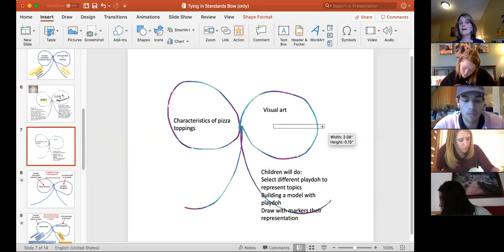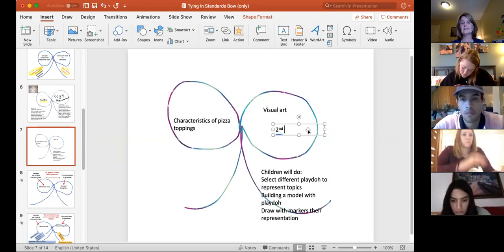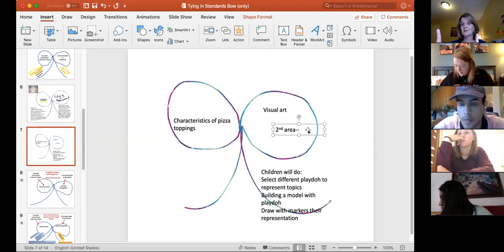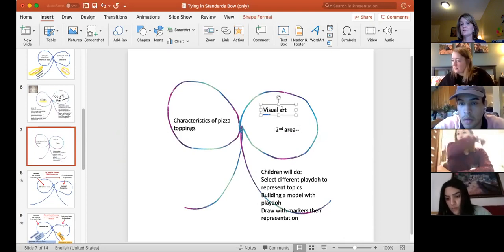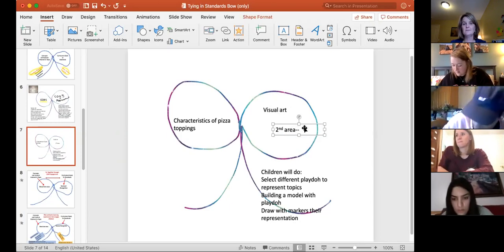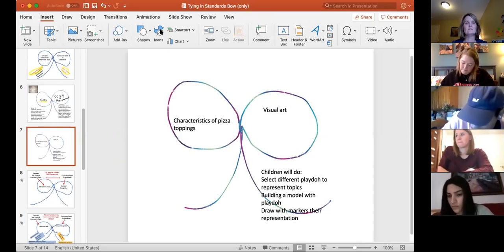And what's really great about that is then you have your second area. Because when I flip here in just a minute, once you all have in mind what you want your first activity to be, we'll have 2 objectives because they're integrated. So just going off of this pizza example, the first objective would go art, and the second, if I'm going to have them label, well, now I can't type in that. Hold on.